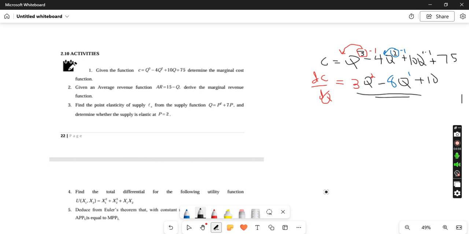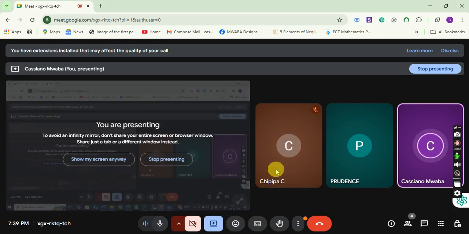But if the letters were different, like maybe 4D minus 4Q plus 100, that's where partial differentiation comes in. Partial differentiation is when you've got two different variables. Here we've only got one variable, one letter, so you can use typical differentiation. But if you see two other letters, or three other letters, that should tell you partial differentiation.